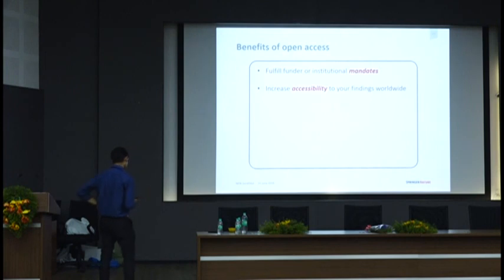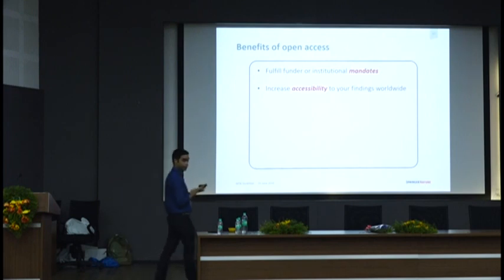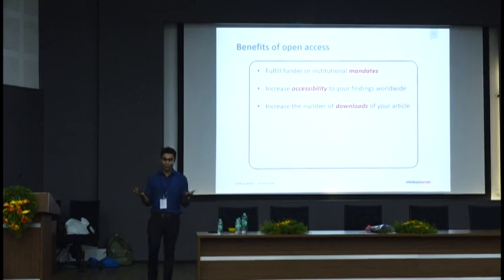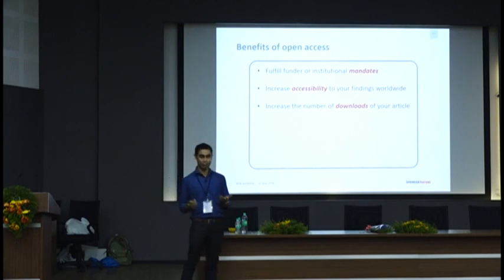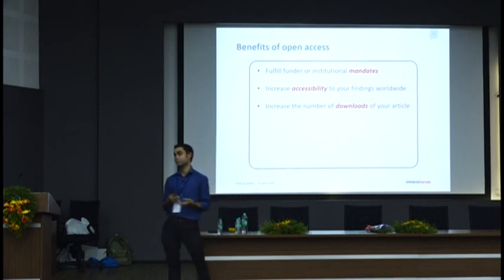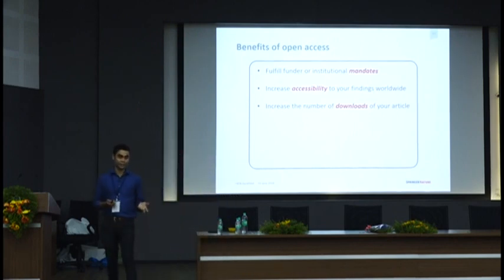Of course, the second one, which we already talked about, is increased accessibility and obviously readership. If your article is free to access, obviously it will lead to a higher number of downloads, and if it's downloaded more, it always increases the chance of getting cited more.